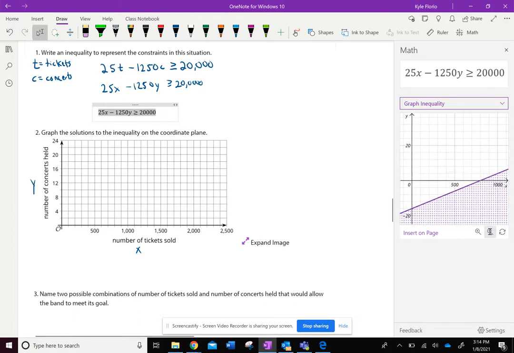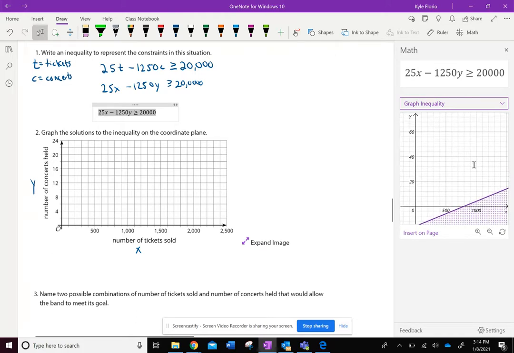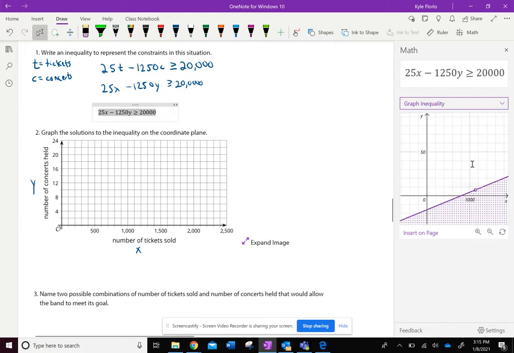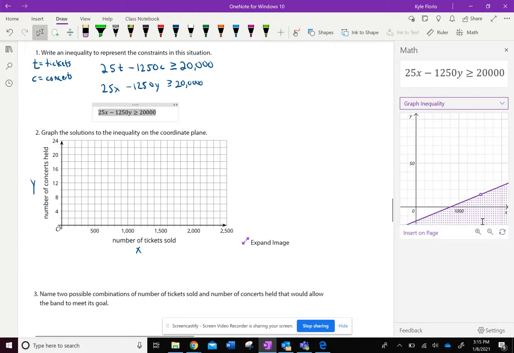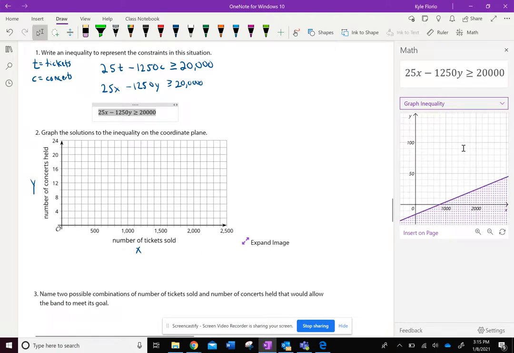We're only interested where the numbers are positive, right? If we're selling tickets, we want a positive number of tickets and a positive number of concerts. Does that look good? Looks good to me. So right here, if we have our x-intercept, it looks like it's going to be 800.